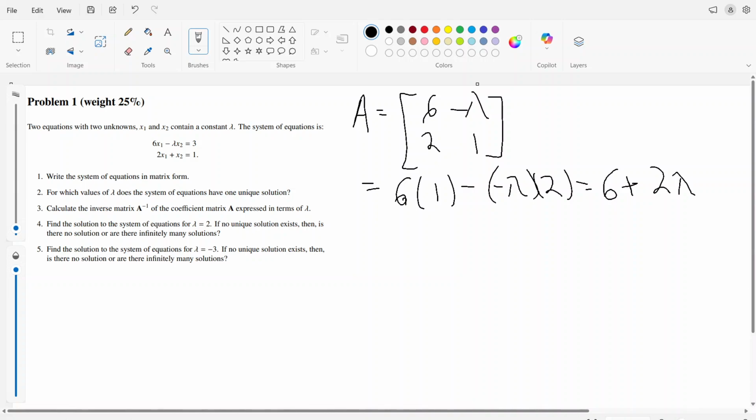Now we have to set the determinant not equal to 0, because a system has one unique solution if the determinant is not 0.